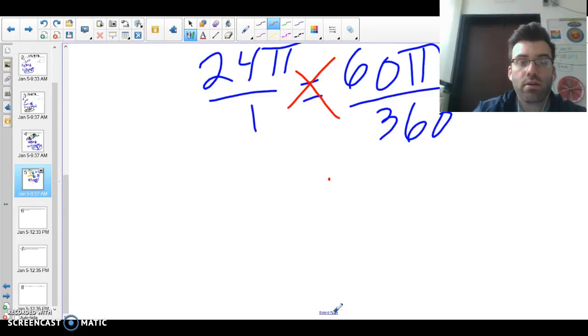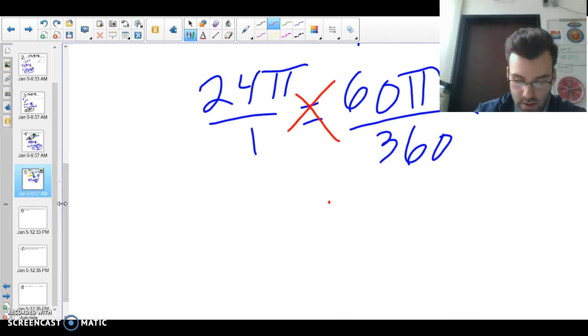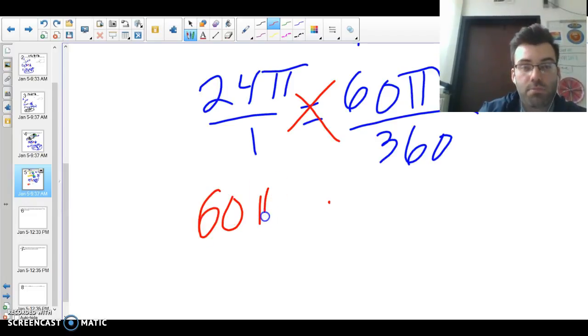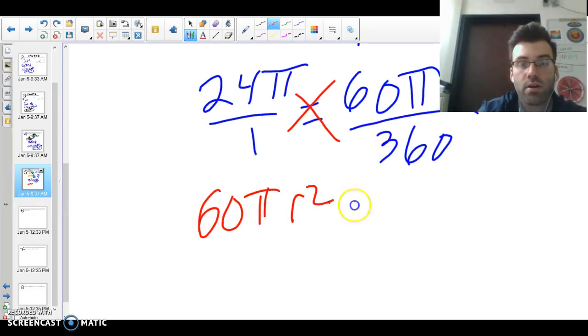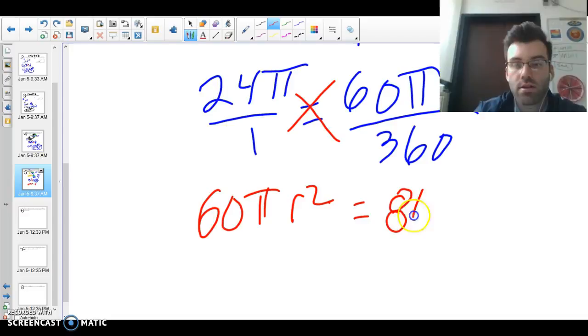So we got 60 pi r squared equals 24 times 360, which is 8640 pi.